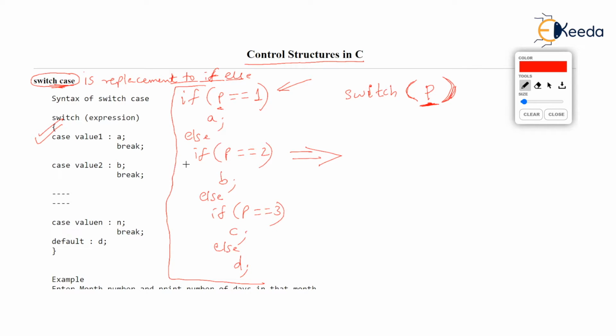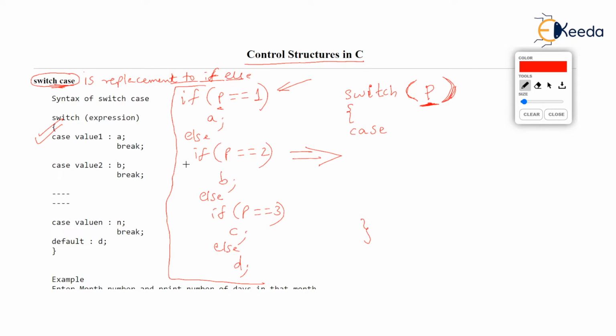Now switch is always followed by braces, always. If you write switch, you have to give braces, and inside the braces there is one reserved word called case. This word has to be written, and this case word is followed by the value with which you want to compare this variable p.